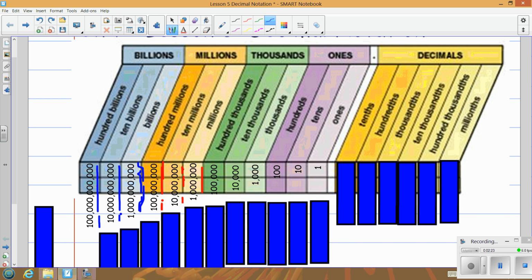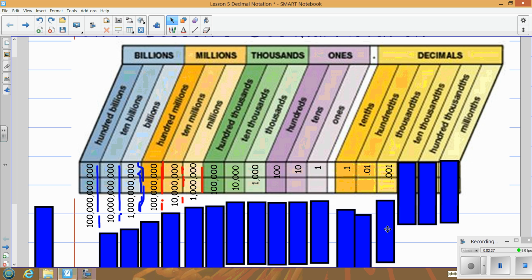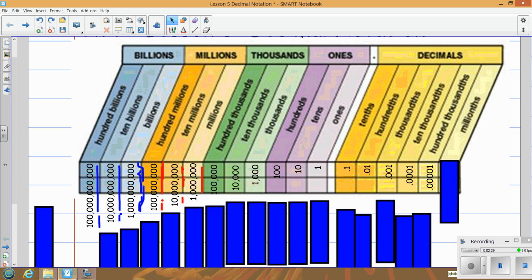Now, when we go to decimals, notice the pattern here. The pattern is you keep getting more and more zeros in front of the 1. But notice how many zeros and how it relates to the whole number. So tenths is 1 decimal place. The way to remember it easily, when you're thinking about tens, you have 1 zero. Hundredths is 2 decimal places.